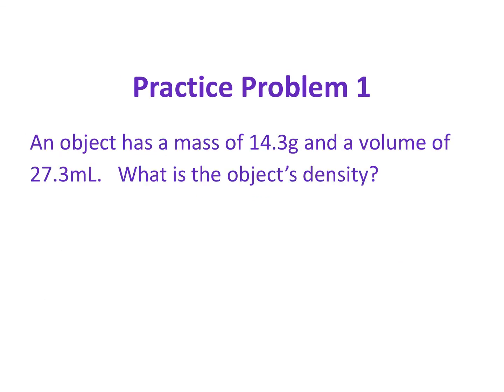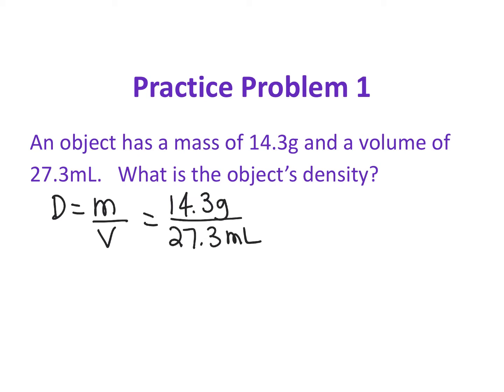All right, so practice problem 1, I'm going to model for you. So make sure you're copying this down in your notes. First off, I'm going to write down our equation, and now I'm going to read the problems. An object has a mass of 14.3 grams and a volume of 27.3 milliliters.